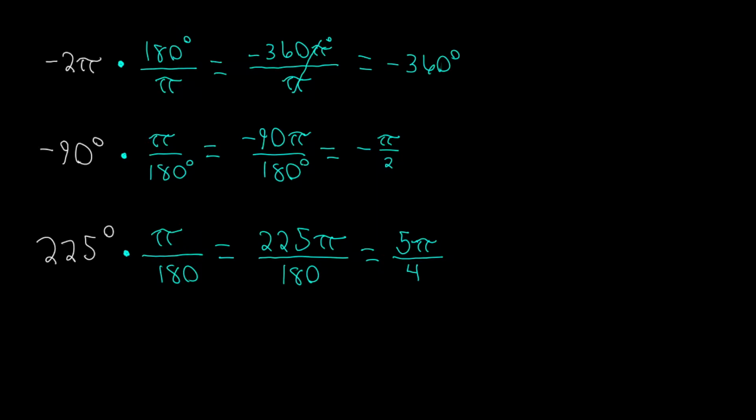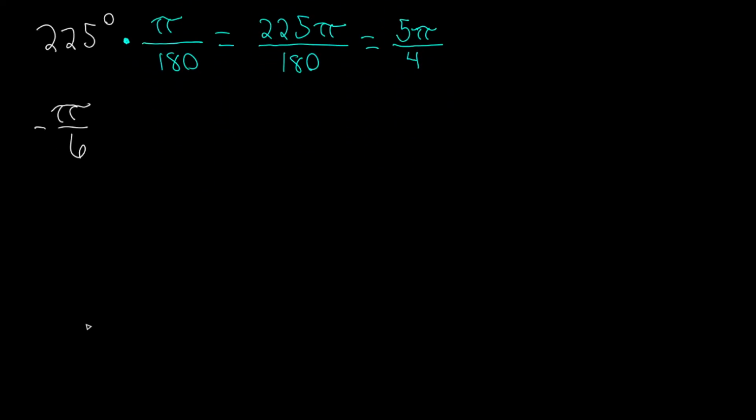What about negative pi over 6? Convert it to degrees. Multiply it by what you want, degrees, over what you want to get rid of, radians.